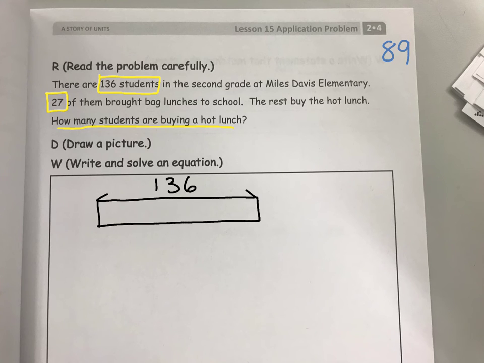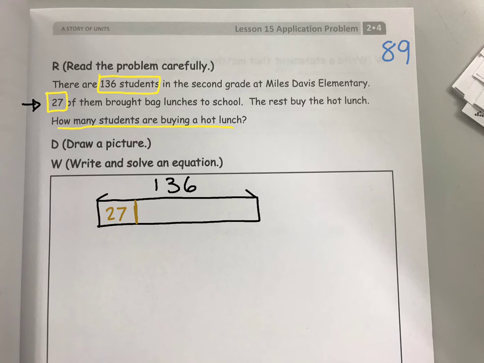Okay, that's our total. And then it tells me that 27 of them brought bagged lunches. I'm going to use brown because I think of a brown lunch bag, and I'm going to make a part of this my 27 kiddos that brought bagged lunches.